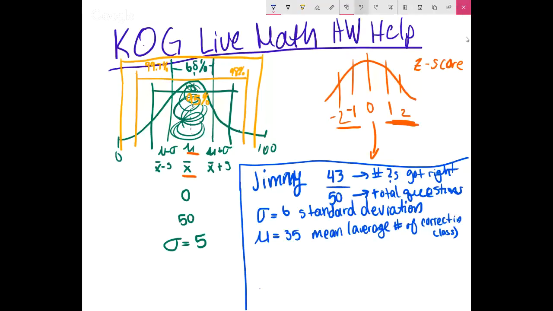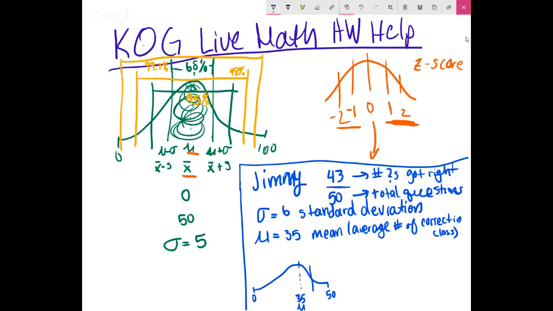It's actually skewed to the right because there's 50 on the test, 0 in the back, and then 35 was the mean. So 35 is 15 away from 50. I probably should have drawn it more skewed to the right, but this is okay for now. And so that's the mean. So that's mu.